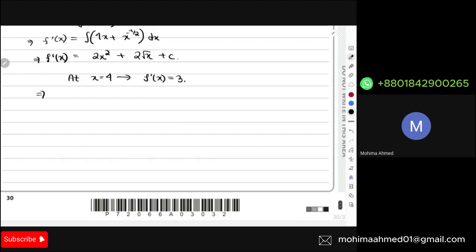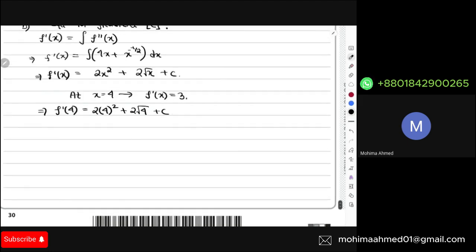So f'(4) is going to be 2 times 4 squared plus 2 root 4, plus c equals 3. So from there c becomes 3 minus 2 times 4 squared minus 2 root 4, and that leaves you with negative 33. So the value for your c is negative 33.